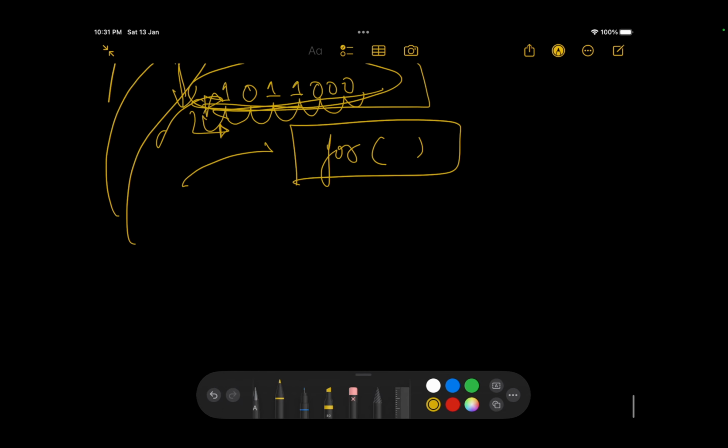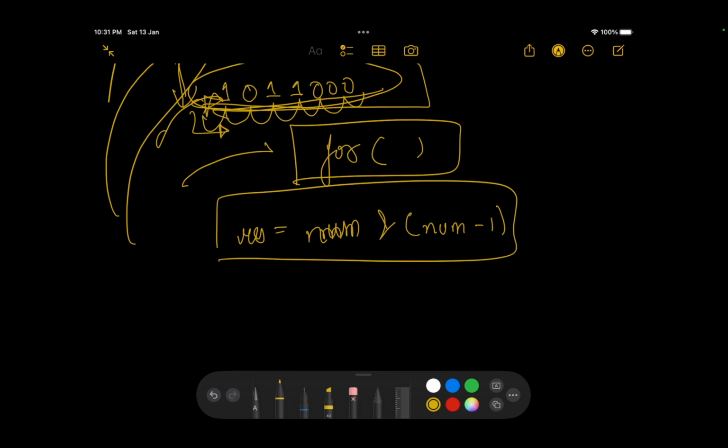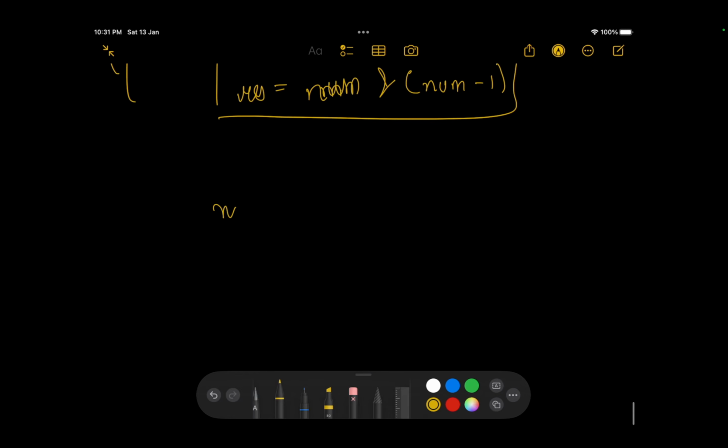If you want to turn off your last set bit, the result would be num and num minus 1, where num is the number for which we want to turn off the last set bit. Now how does this work? When you do num minus 1, you subtract a value 1 from the entire binary representation.